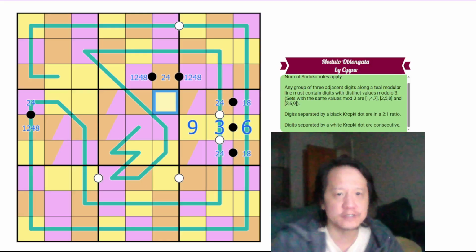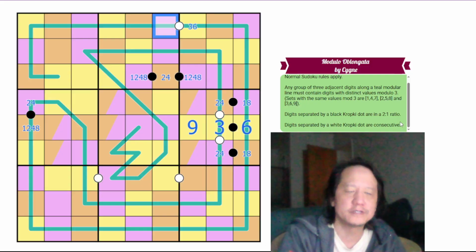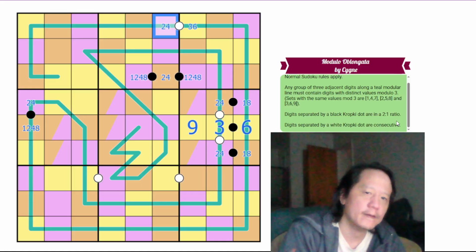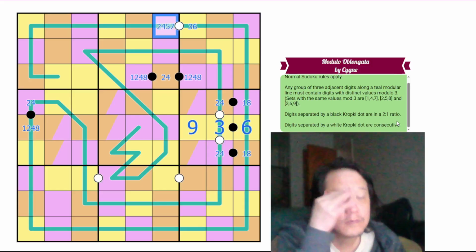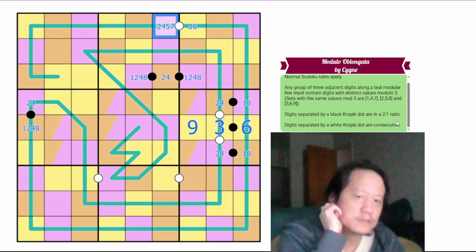We have 3, 6, 9 here. This is 6 or 3, which would be consecutive with 3 is consecutive with 2 or 4. And 6 would be consecutive with 5 or 7. Yeah, that works.